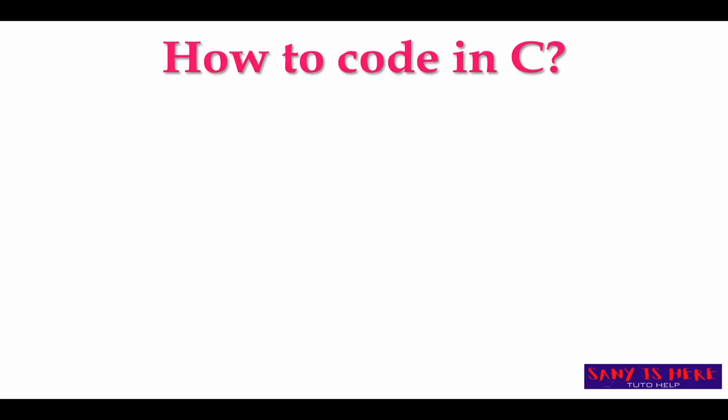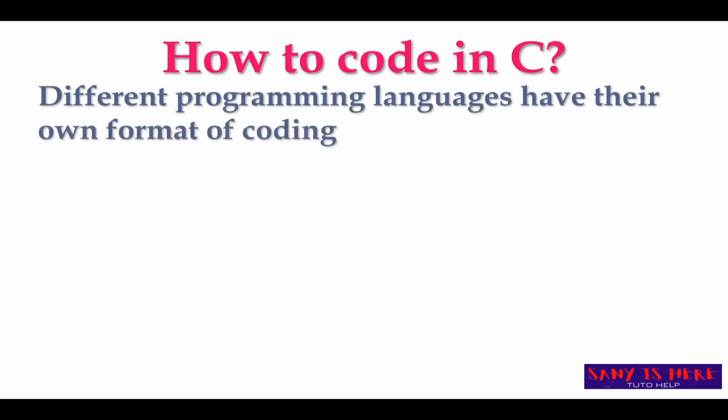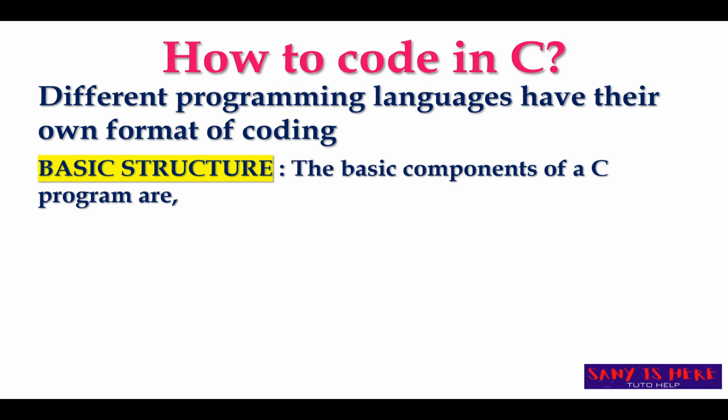Let us see how to code in C. Different programming languages have their own format of coding. Okay, in C we are using different format. In Java it may be different. Okay, now let us discuss about coding in C. Let us see what is the basic structure of C program.